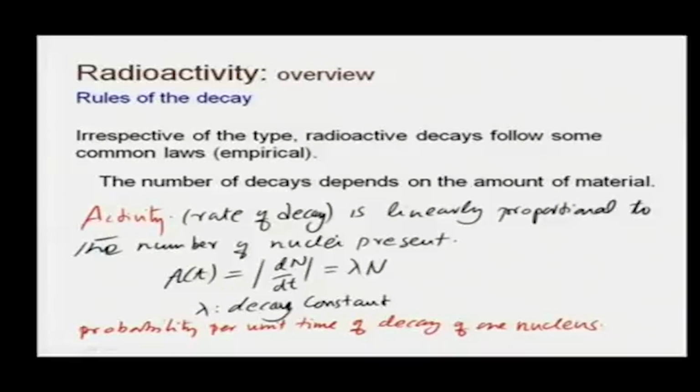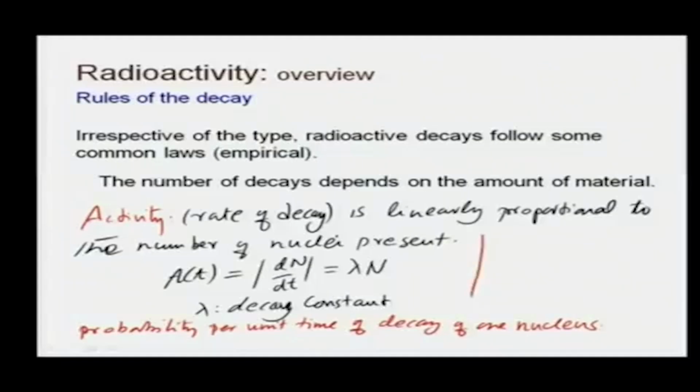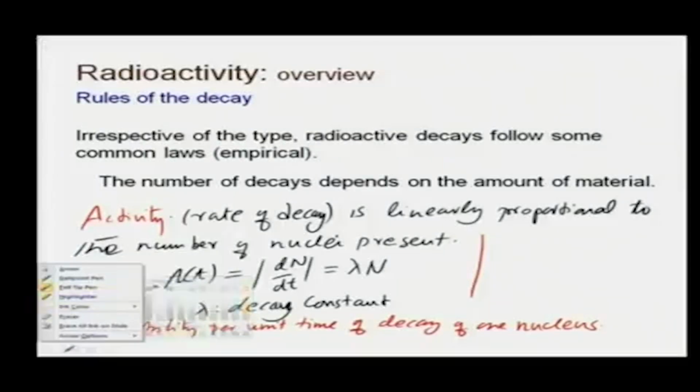So, if you have 1000 nuclei, lambda times 1000 is the number of nuclei that will decay in 1 second, if lambda is expressed in decays per second. So, that will tell you the unit of radioactive activity.